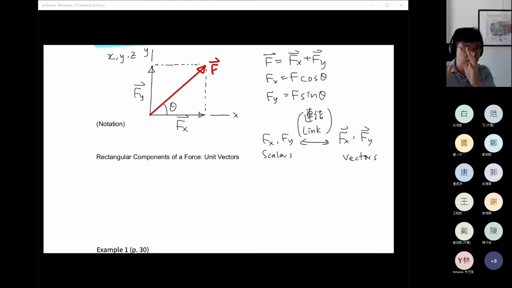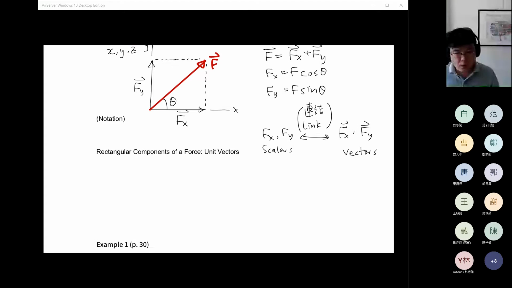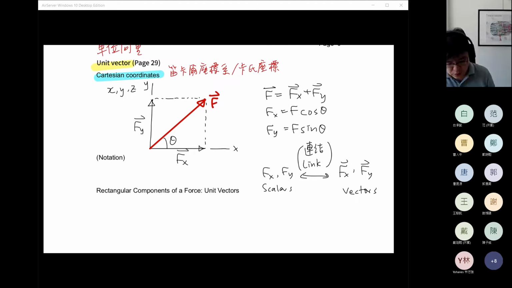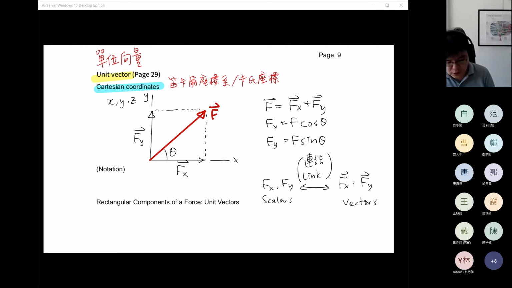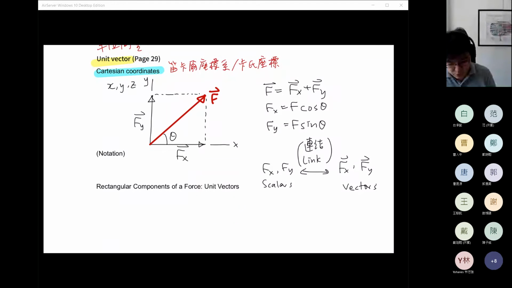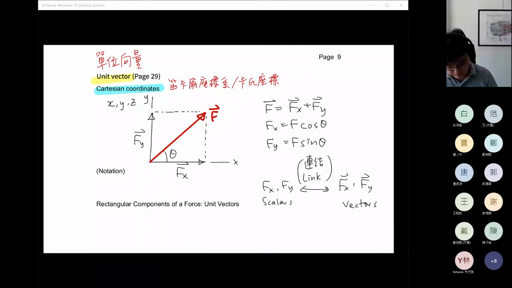We want to link the scalar quantities and the vector quantities. Therefore, we have something called unit vectors, and the Chinese for unit vector is here. How do we define unit vectors? Unit vectors.